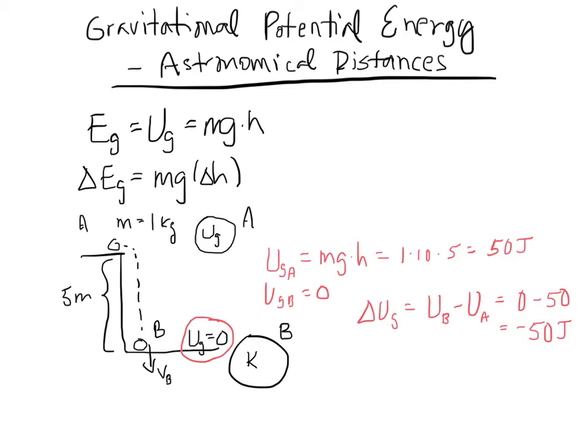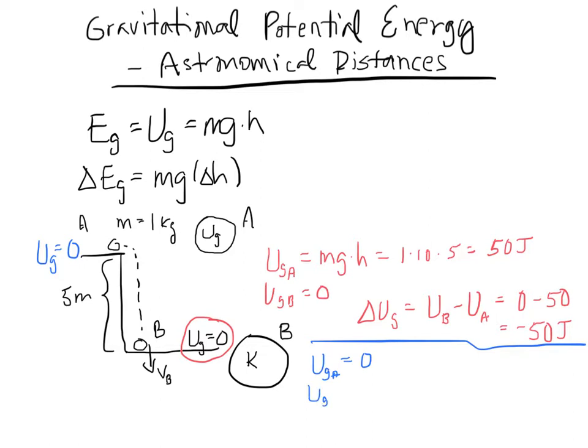Look at what it would be if, instead, for the second scenario, let's say I call Ug 0 at the top. And I'll show you that it doesn't matter when you talk about change of Ug what you call 0. Let's make a demarcation here. Ug at A is 0 by definition in the second scenario.